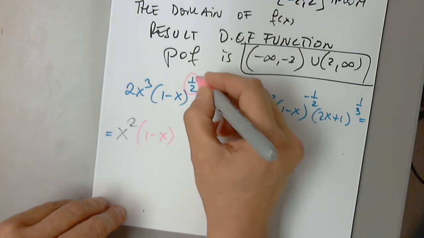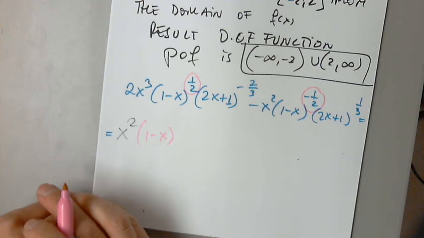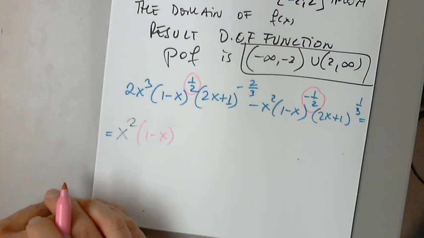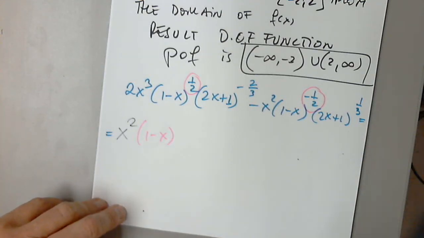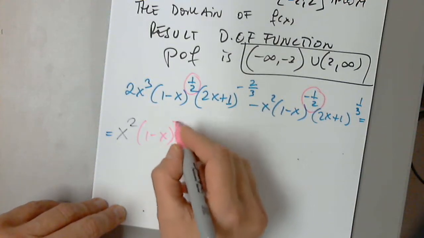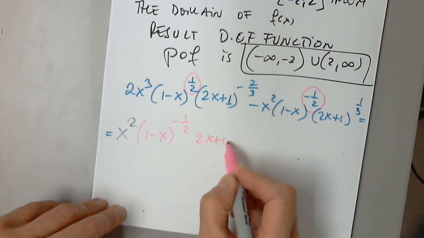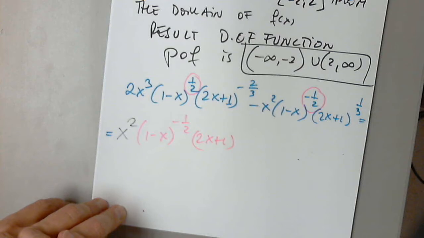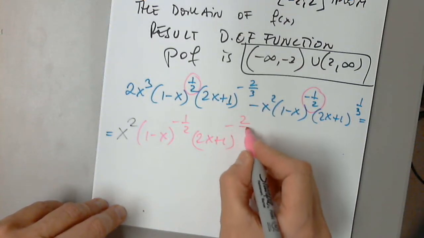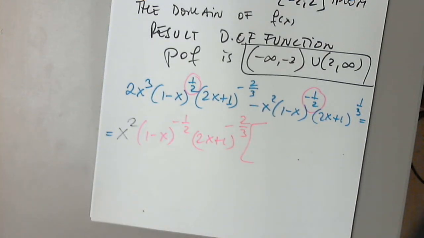So I'm looking at 1/2, and I'm looking at negative 1/2, and I have to choose the smallest of the two. There is no discussion there. We always choose the smallest of the two. Negative 1/2. And then I see 2x plus 1, and the power will be negative 2/3. Very good.